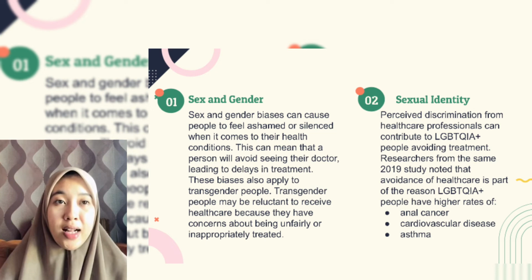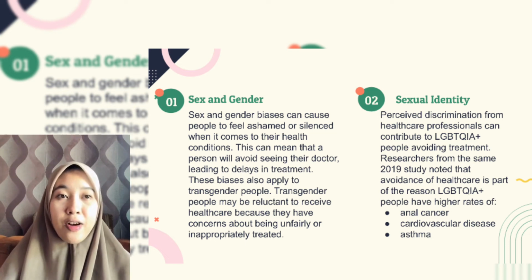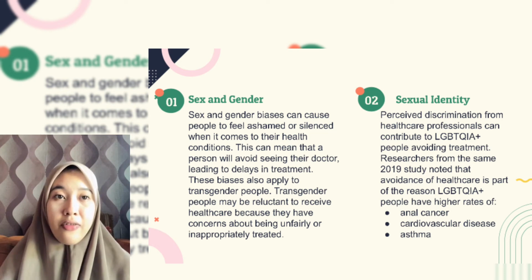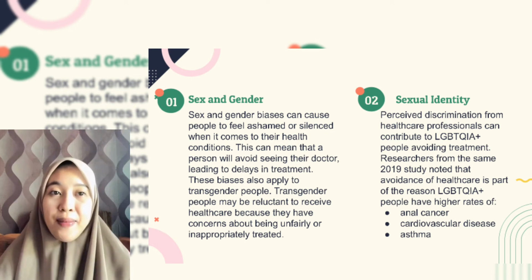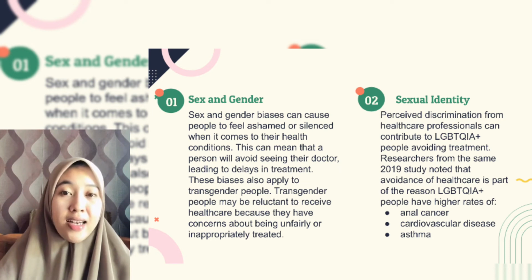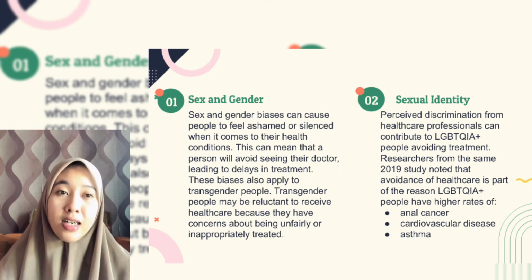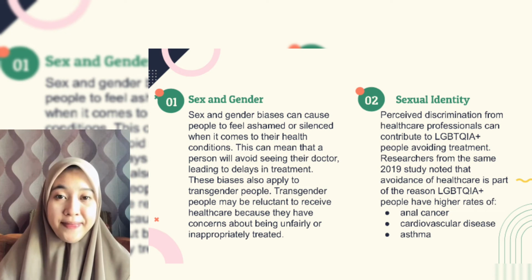Two, sexual identity. Perceived discrimination from healthcare professionals can contribute to LGBT people avoiding treatment. Researchers from the same 2019 study note the avoidance of healthcare is part of the reason LGBT people have higher rates of anal cancer, cardiovascular disease, and asthma.